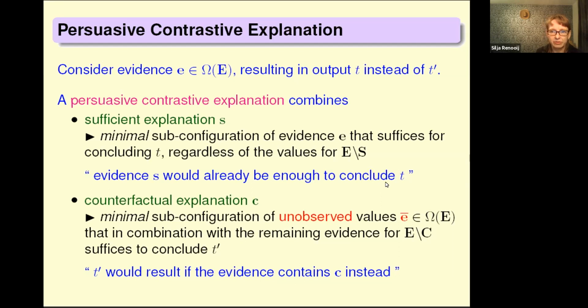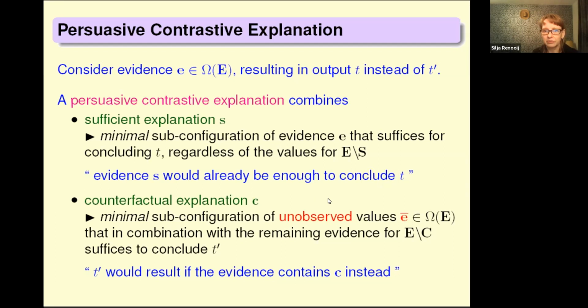This is very similar in definition to what we've seen under different names already in the context of binary Bayesian network classifiers. For example, the prime implicant explanation has the same definition, and as the name suggests, this was inspired by the prime implicants from logic.